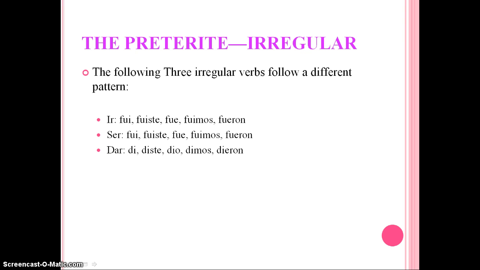Fui can mean I was or I went. Fuiste, you were or you went, etc. And then we have dar. Dar is irregular in that it uses ER/IR endings instead of AR endings. So the conjugation is di, diste, dio, dimos, and dieron.